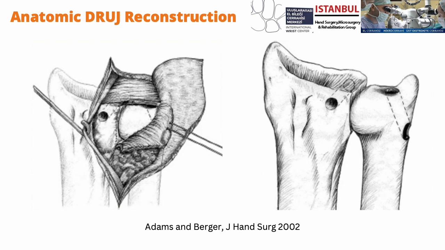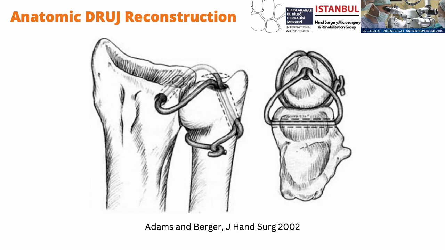However, in the case of global instability, anatomic DRUJ reconstruction as described by Adams and Berger is the best technique to tackle both the volar and dorsal radioulnar ligaments.